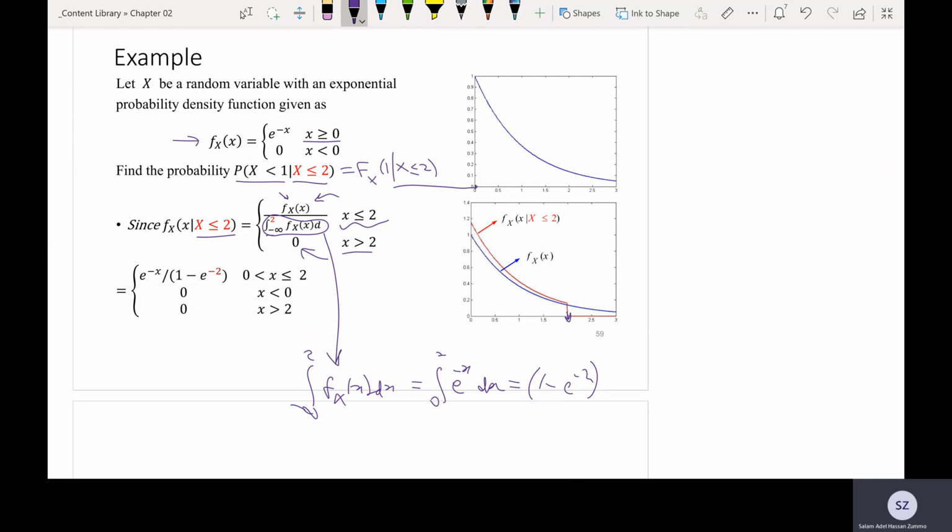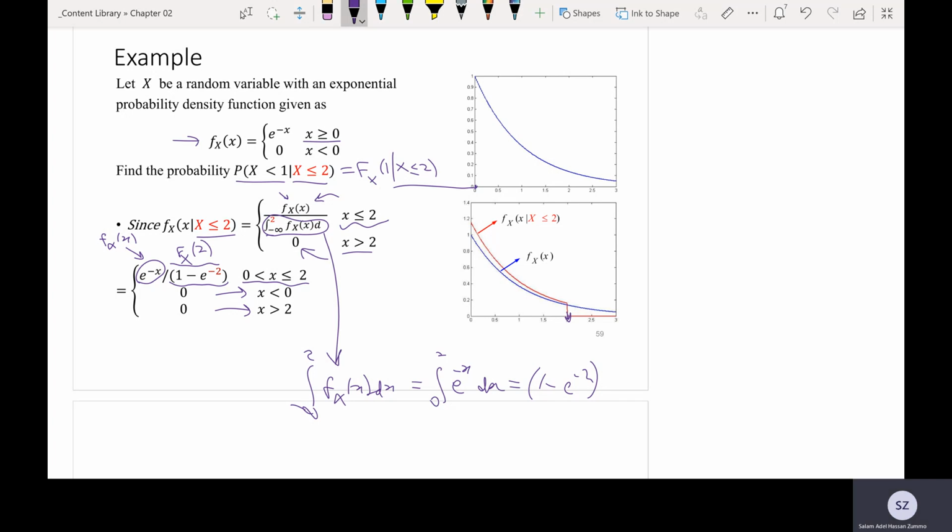So the conditional PDF looks like e to minus x, which was fx of x, divided by this, which is fx of 2, and this is for x between 0 and 2. And it's 0 before 0, because we know it's 0, and it's 0 beyond 2.